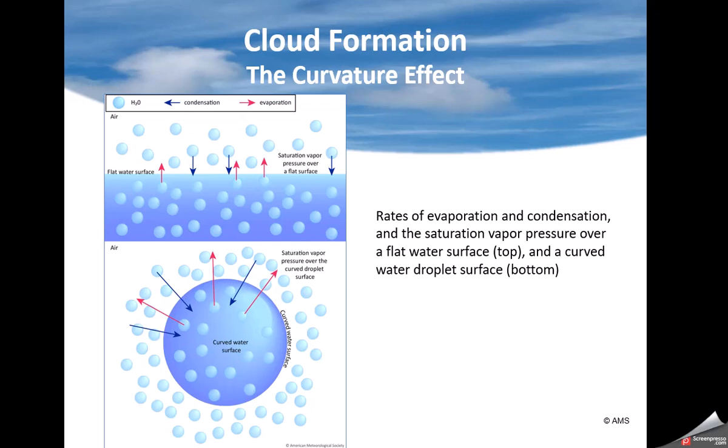They try to push it back into water vapor, much more than a flat surface. As a matter of fact, in order to reach saturation there, you have to be almost at 300% relative humidity. So, since we know the atmosphere doesn't reach 300% relative humidity, why do we wind up with clouds, which start with this curved water surface?